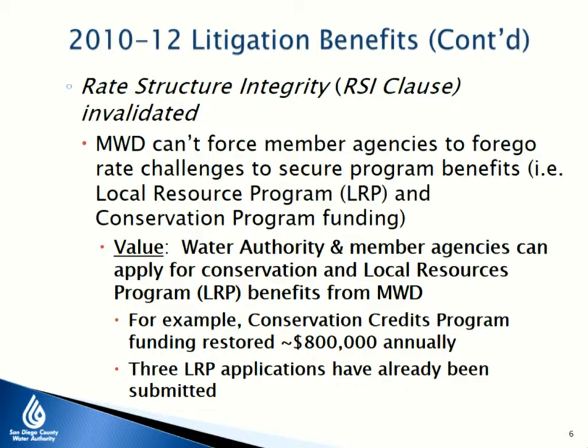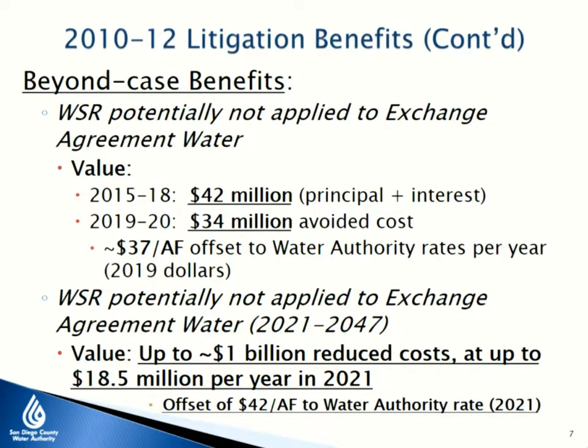More are in process as more agencies submit paperwork to the Water Authority to submit to Metropolitan. And Metropolitan already sent correspondence to the Water Authority acknowledging that the conservation credits program funding had been restored, and that's about $800,000 annually. Again, these are benefits that Met did not voluntarily give. These are all benefits that were acquired only because this agency decided to go to court and challenge Met's actions, and the courts agreed. Next slide.